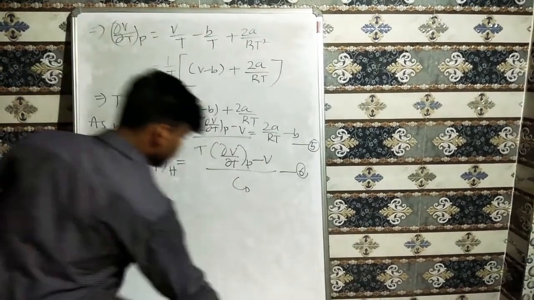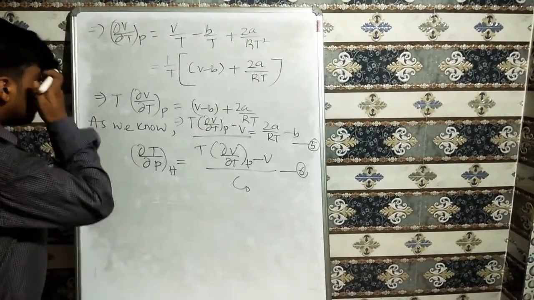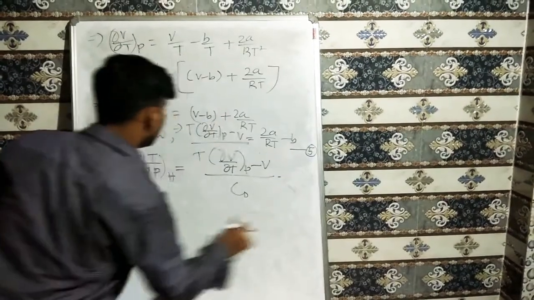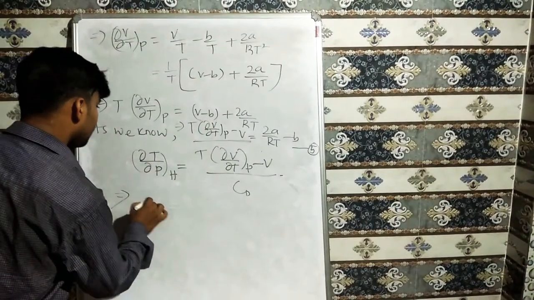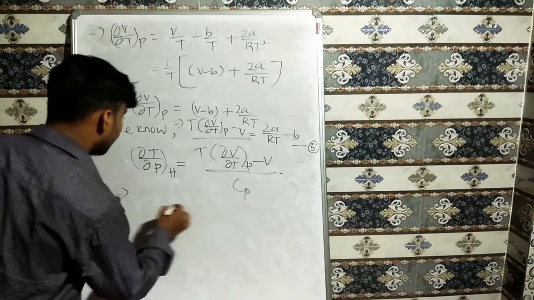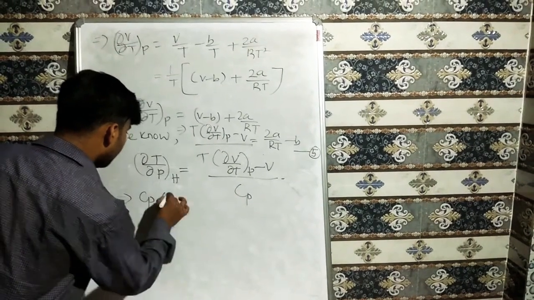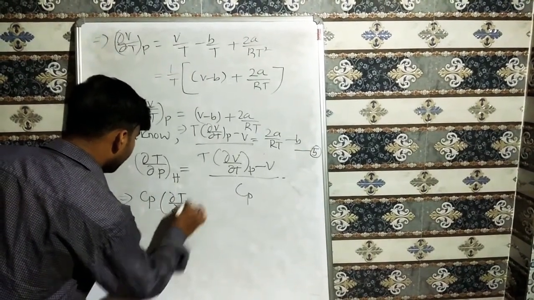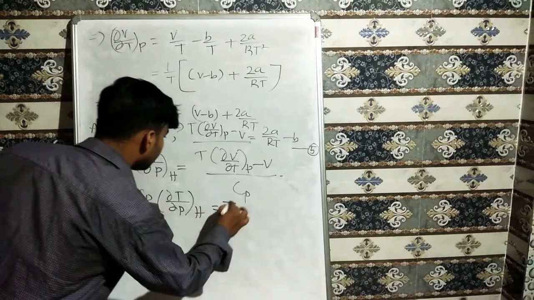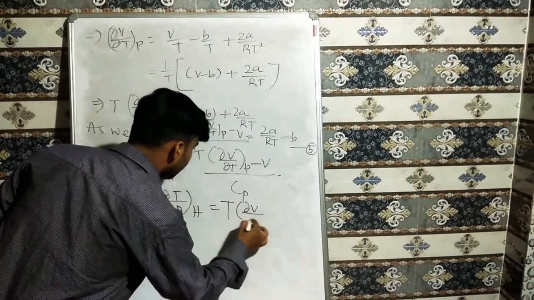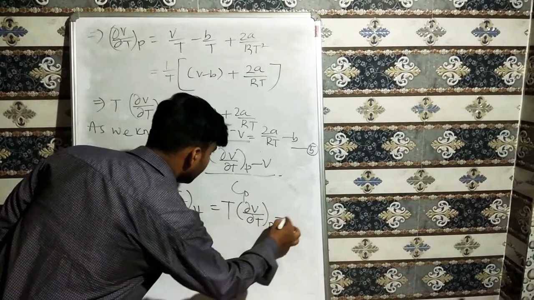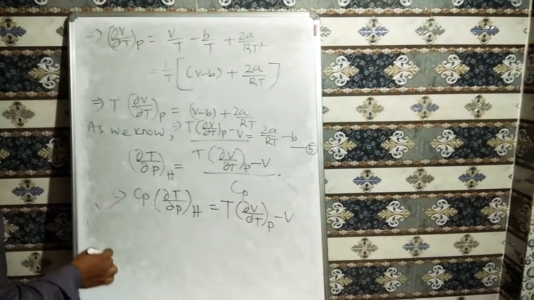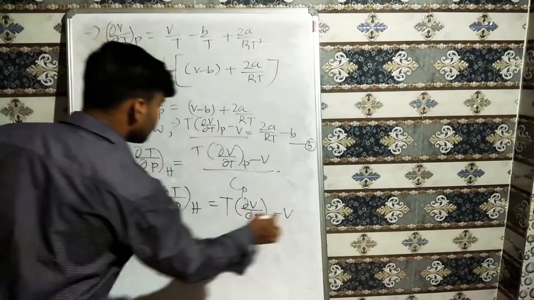You have to understand this. If we simplify this, then we can also write Cp into (∂T/∂P) at constant H is equal to T(∂V/∂T) at constant P − V.